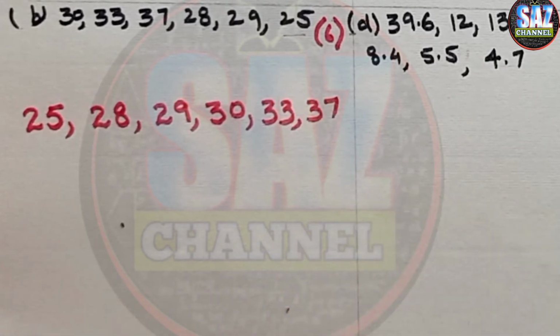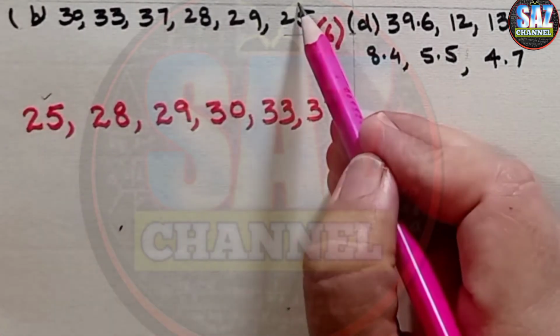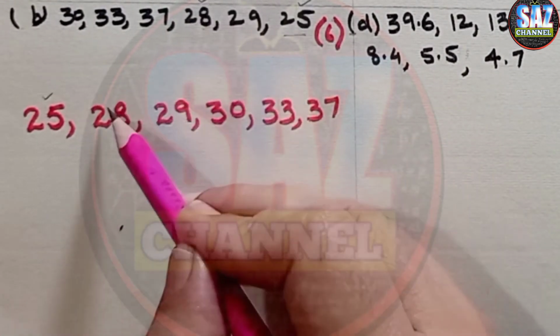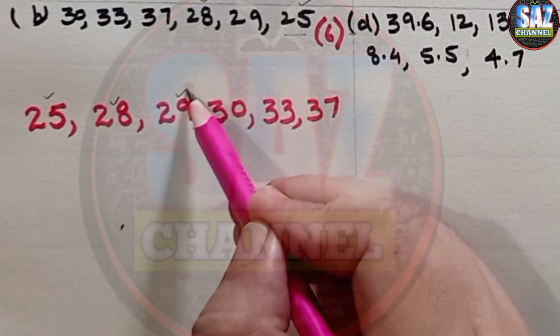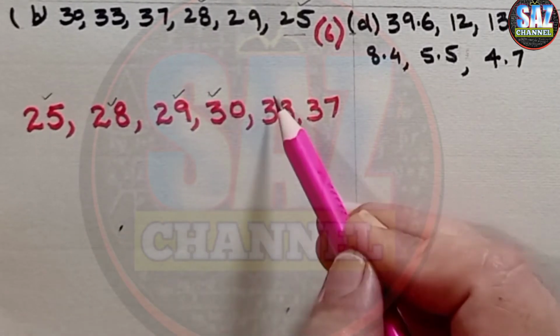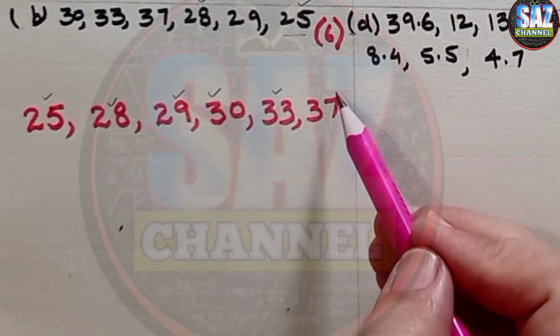Now quickly confirm the ascending order. 25 is the smallest value here, then 28, then 29, then 30, then 33, and then 37.